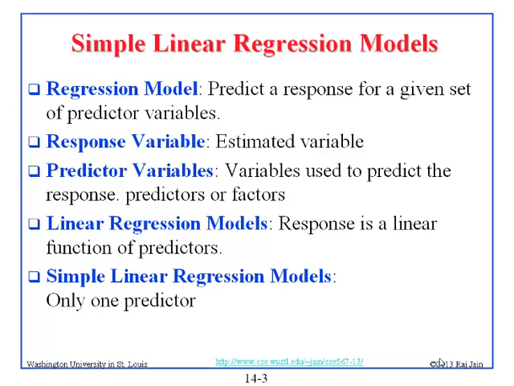So first of all, a regression model is one that predicts a response for a given set of predictor variables. So what is a predictor variable? What is a response variable? You have something that you want to predict. That is what we call the response variable.